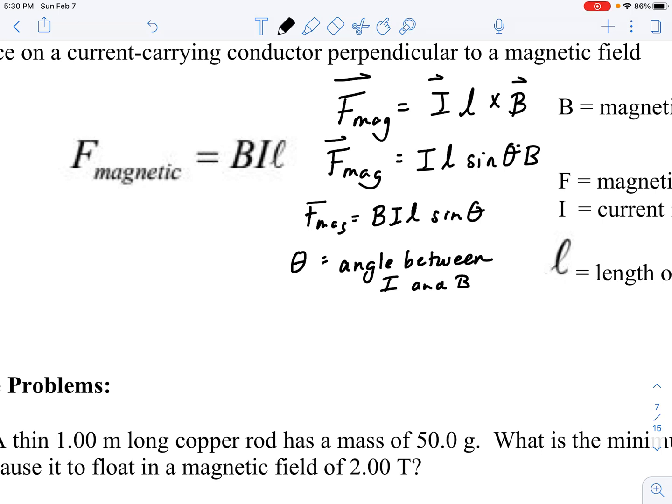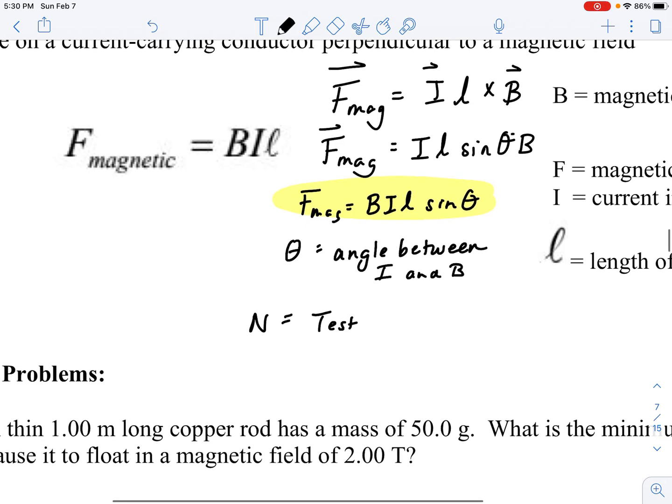Now look at what happens when we take the units for this. So let me go back up to this handy new formula. Force is measured in newtons. Magnetic field is measured in Tesla. Current is measured in coulombs per second.